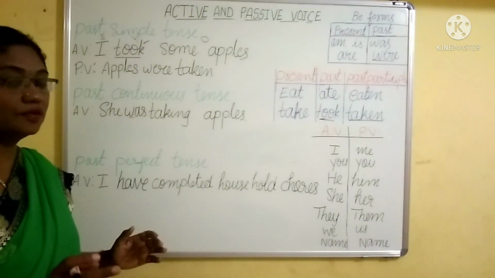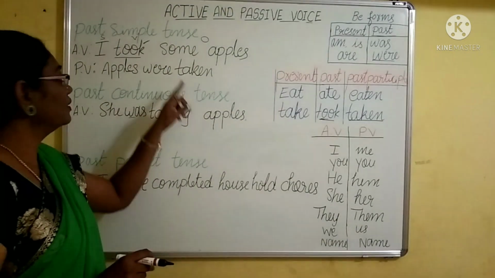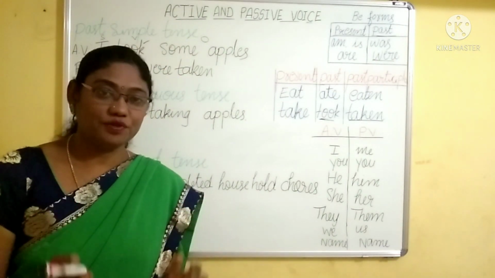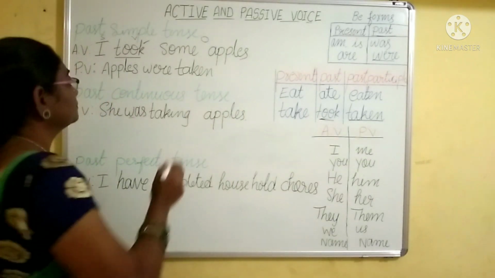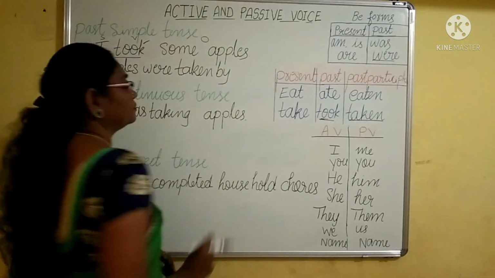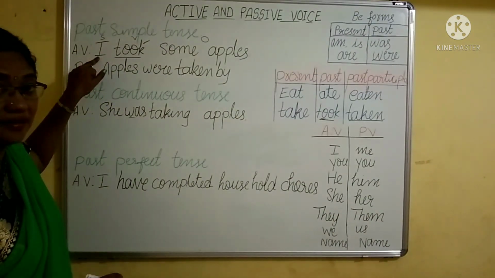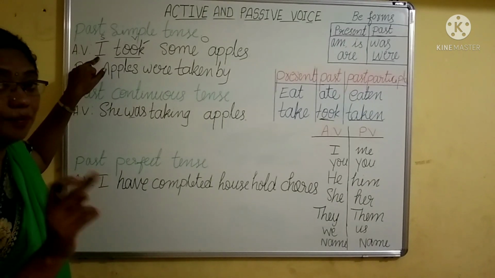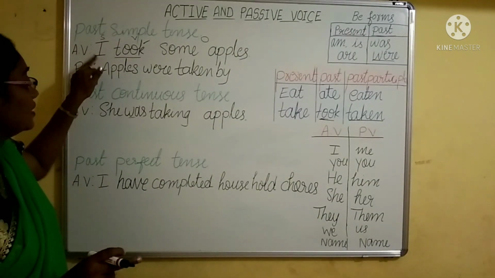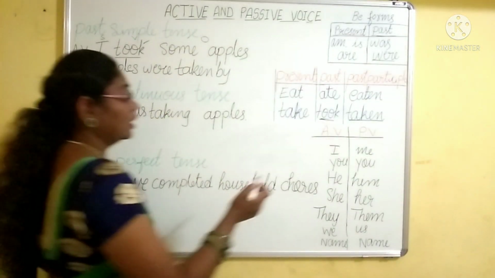Is that enough? No, the sentence is not finished. Apples were taken. We have to add the preposition by. Then what is there in the subject? Yes, I is a pronoun. When we change this into passive voice, yes, it will become me.